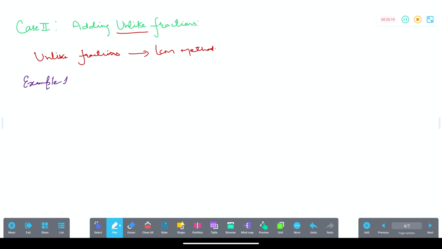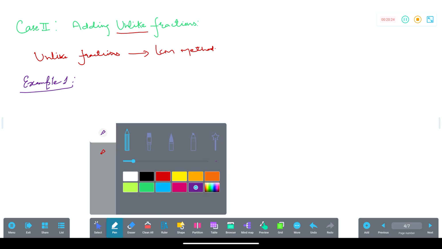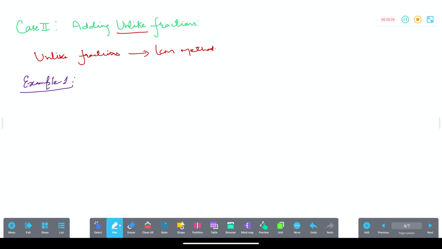Example 1. Have a look, I'm writing: add the following, 1/8 and 3/4. You can see these two fractions, 1/8 and 3/4, are not like fractions.